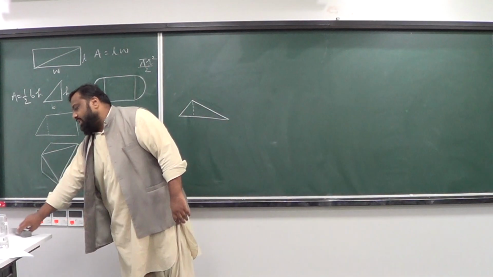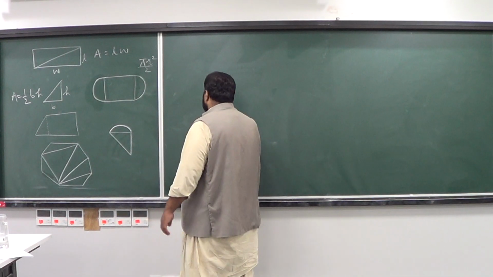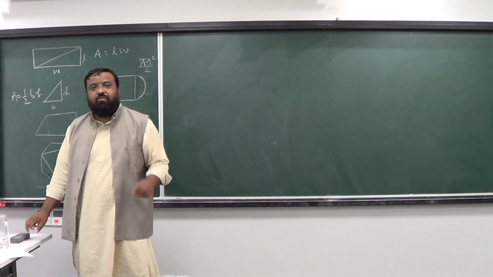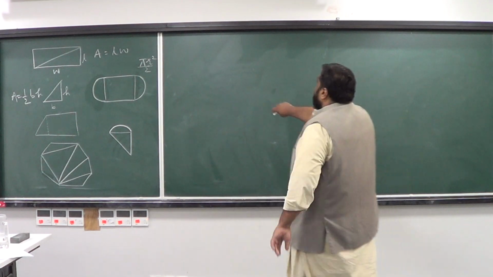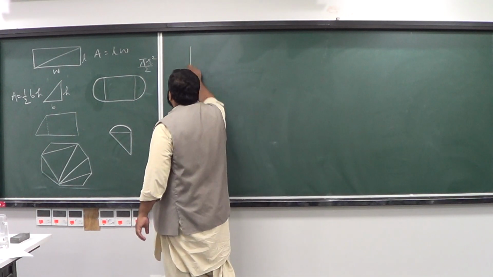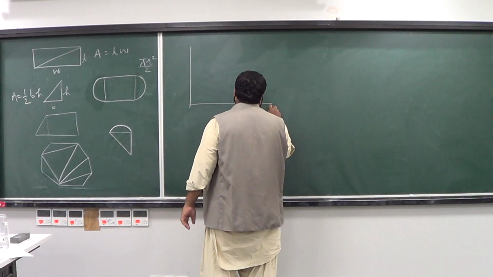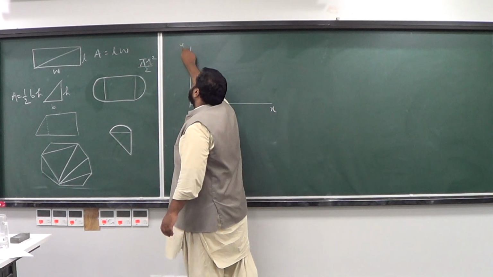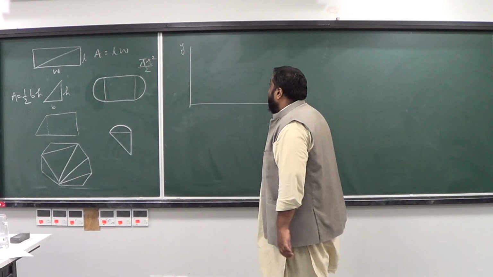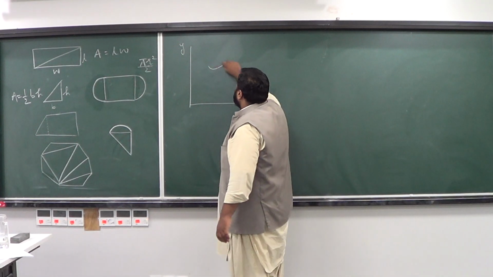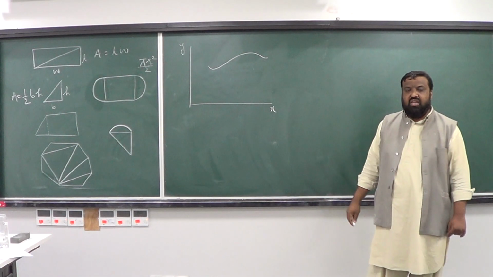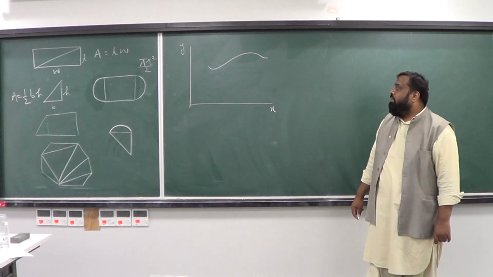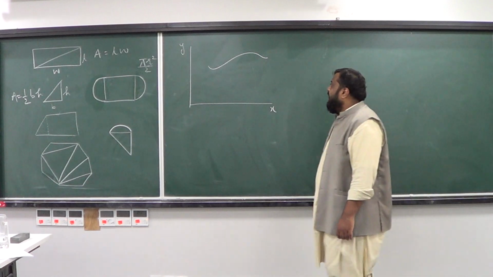So what Newton and Leibniz thought of was a very particular and very interesting problem. They said, imagine you are sitting in this XY axis, and imagine you have a curve. I have this function, and I want to compute the area.